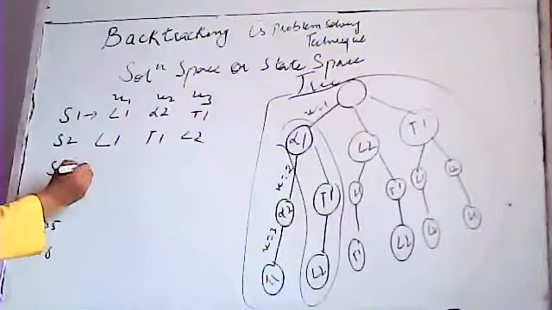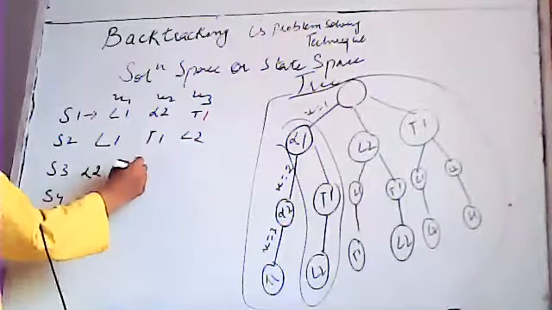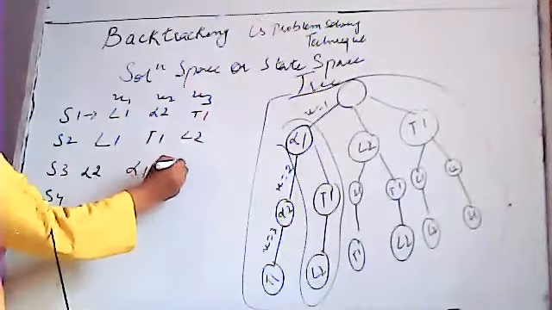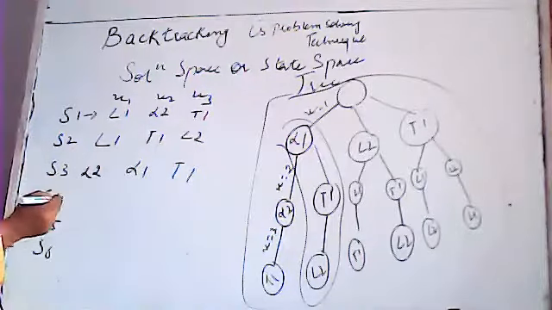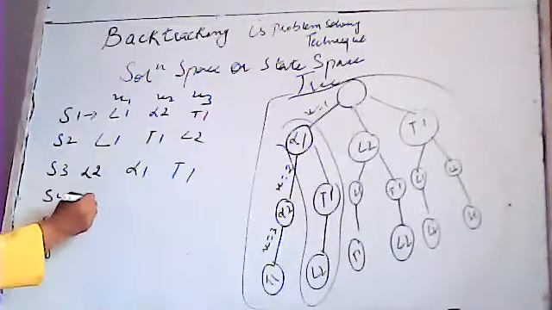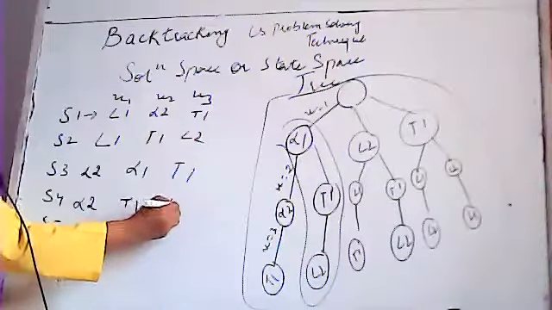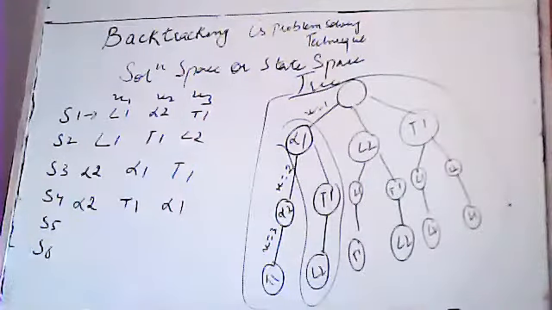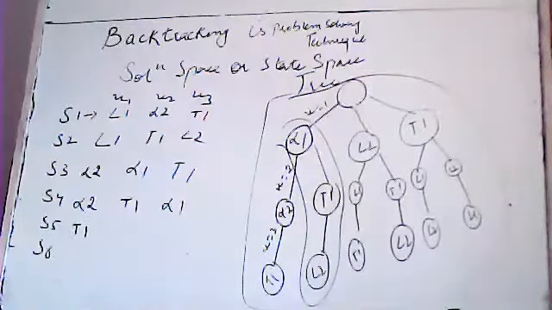L2, L1, and T1. Very good. Next, solution 4. Who will tell me? L2, T1, L1. Now next, who will tell me? Anybody can unmute yourself.